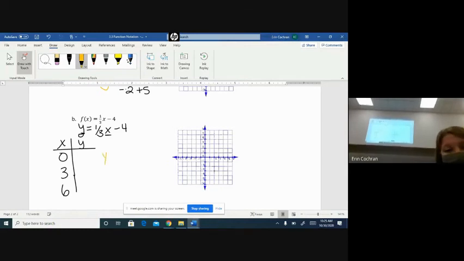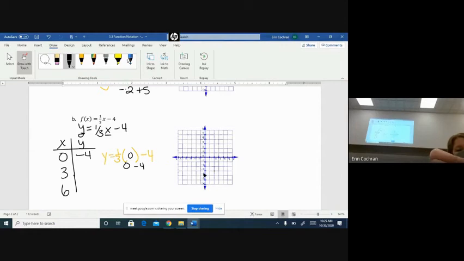So y equals 1/3 times, what's my first x? 0. What's anything times 0? 0. 0 minus 4? Close, -4. So how do I graph the point 0, -4? Over 0 and down 4, good.